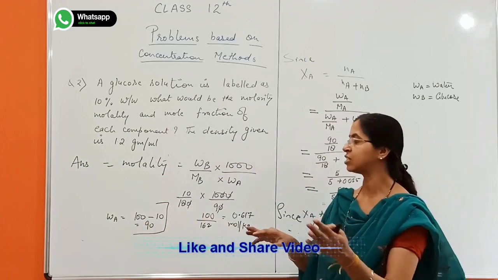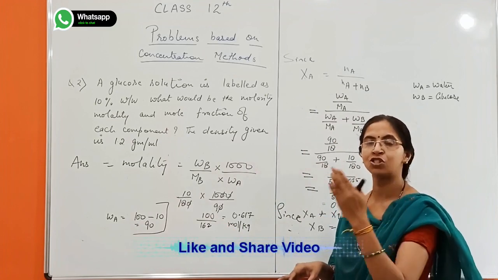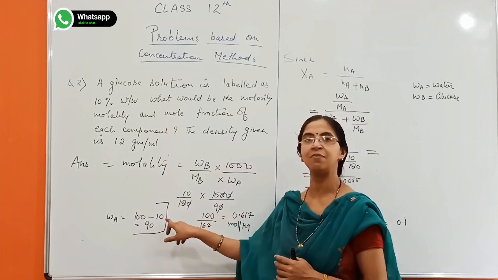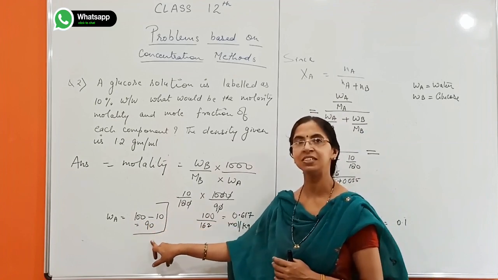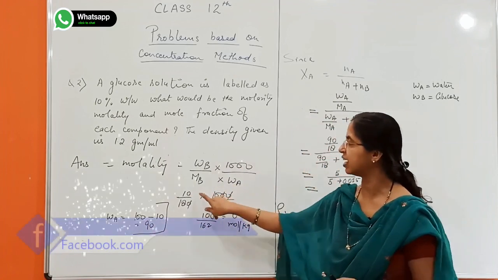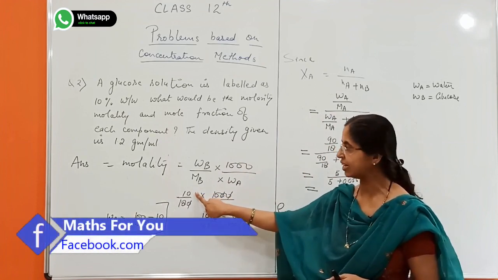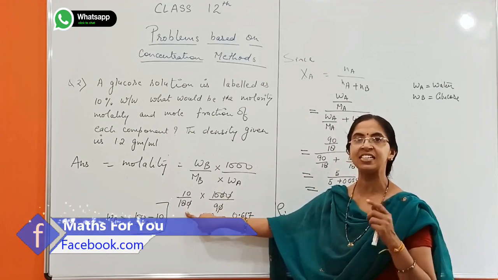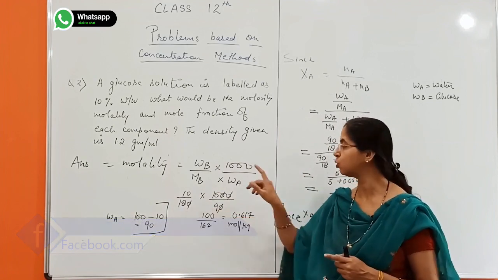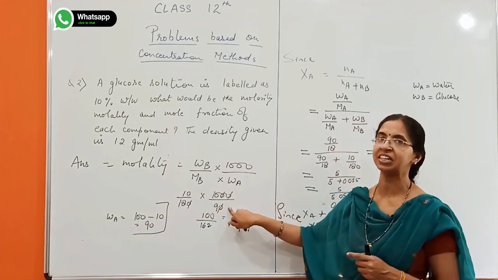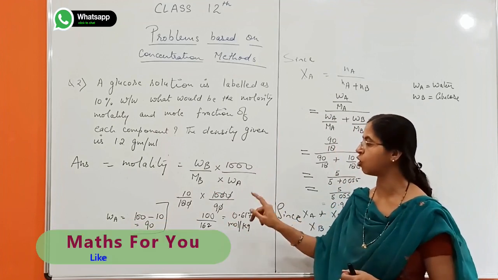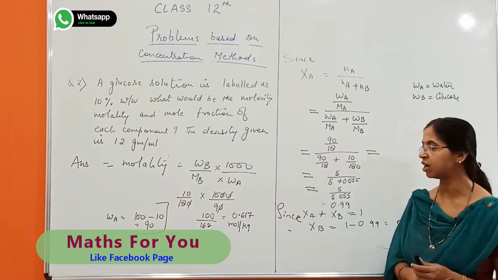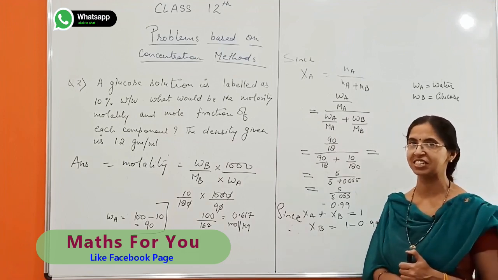If we subtract solute from the total solution, we get the solvent, so 100 minus 10 becomes 90. WB is 10, MB is 180, and 90 is the weight of the solvent. If we calculate it, it comes to be 0.617 mole per kg.